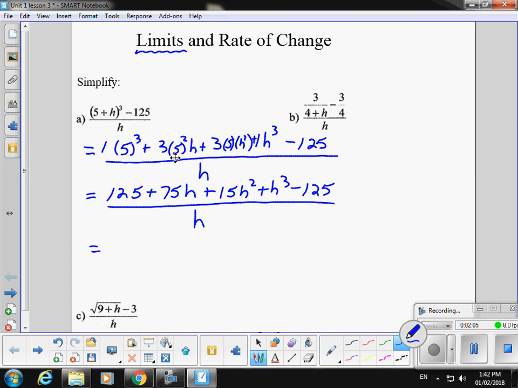So I have a factor of h, and I am going to factor that out, and I am left with 75 plus 15h plus h squared. I have an h on the bottom, and it's like magic that I made that example on purpose to simplify to 75 plus 15h plus h squared. Sorry for the messy writing.